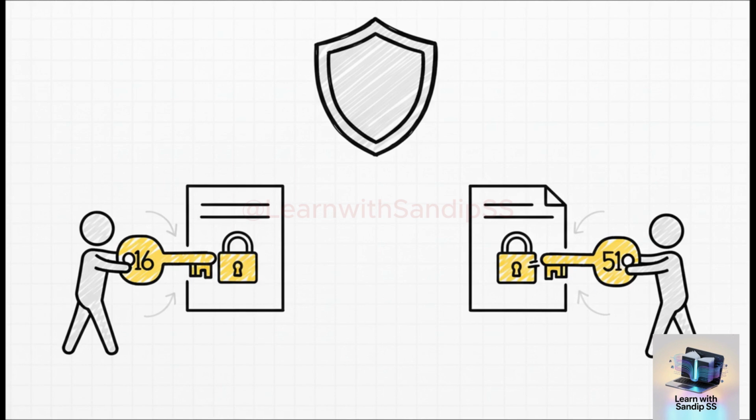That would be chaos. This is all controlled by a specific security rule, an authorization object called M_MATE_MAF. Activity 16 lets a user lock a material, but, and this is the important part, they need a different one, Activity 51, to reverse that lock. It's a really key security control for keeping your data safe.